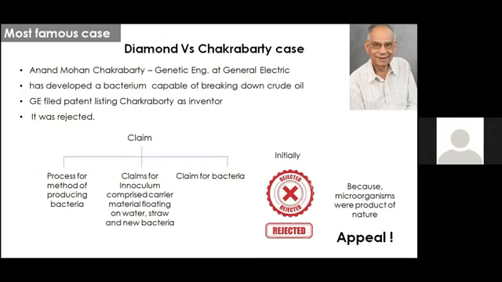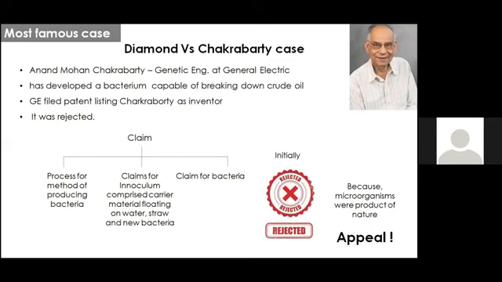And third, the claim for the bacteria itself. So there were three claims made by GE and Chakrabarty for their discovery, which was initially rejected because microorganisms were considered products of nature and could not be patented.